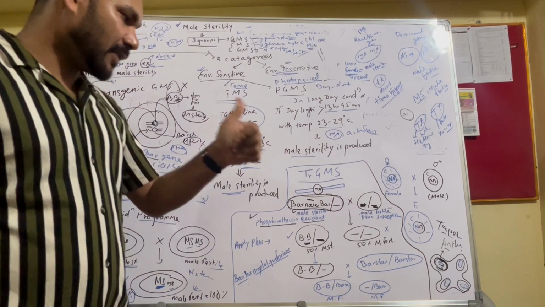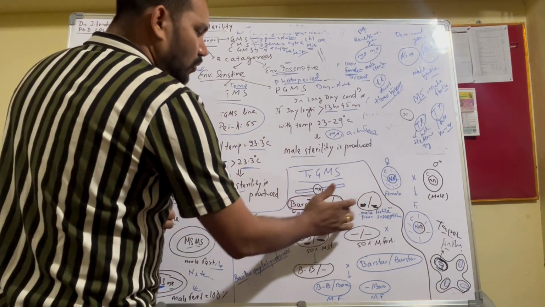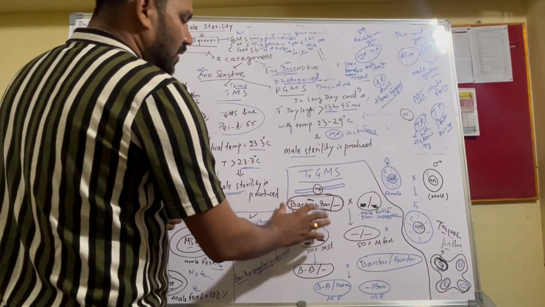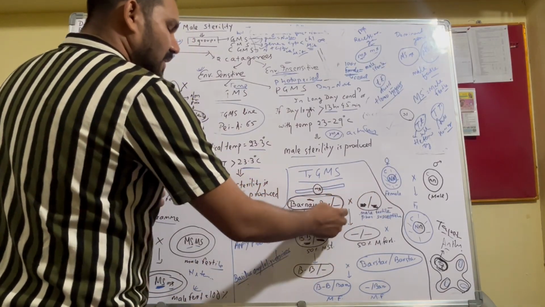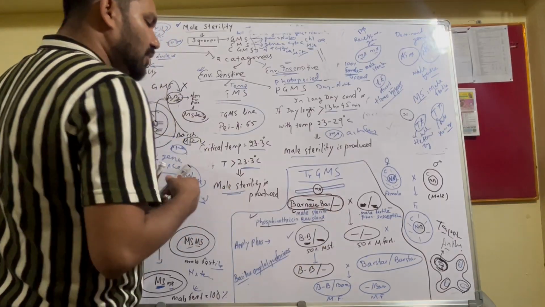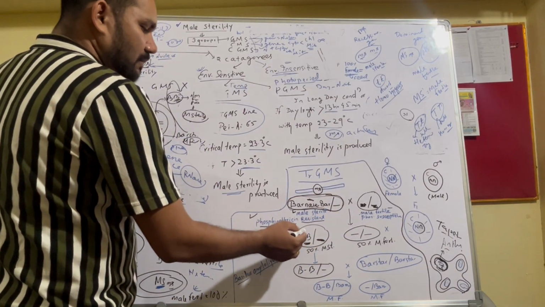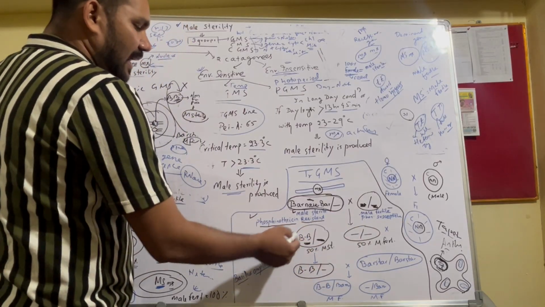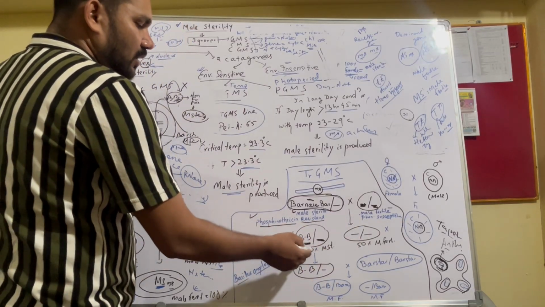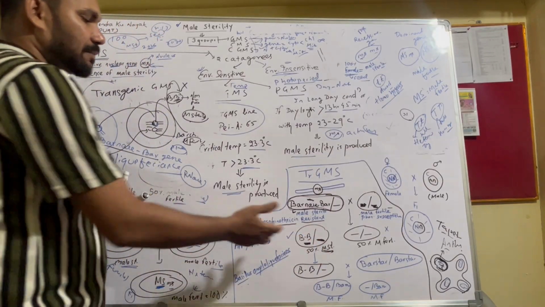Okay, the first concept. Suppose I cross between two plants: one containing the barnase gene, and another that is male fertile, which is a normal plant. So I have two types of plants. If the plant contains the barnase gene, it becomes male sterile. How much percent? 50%.